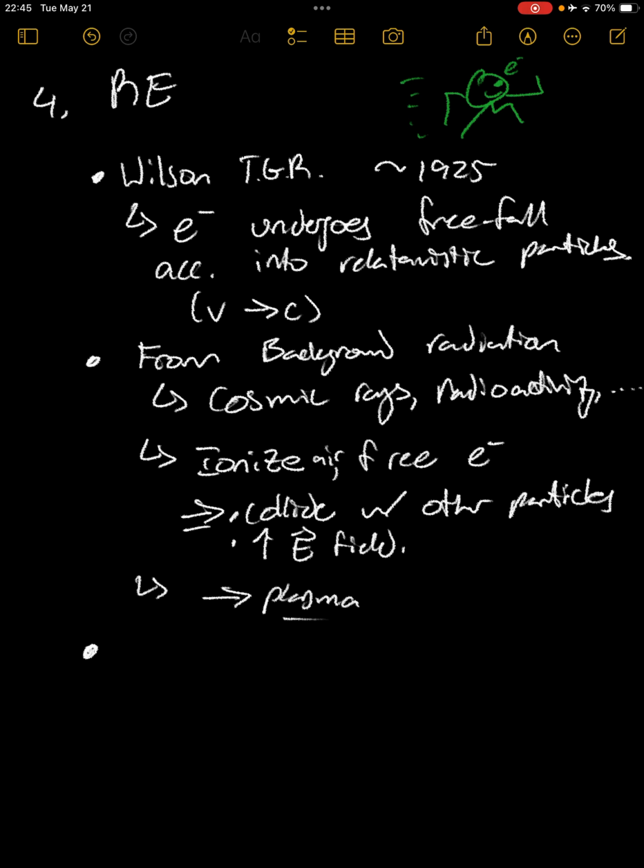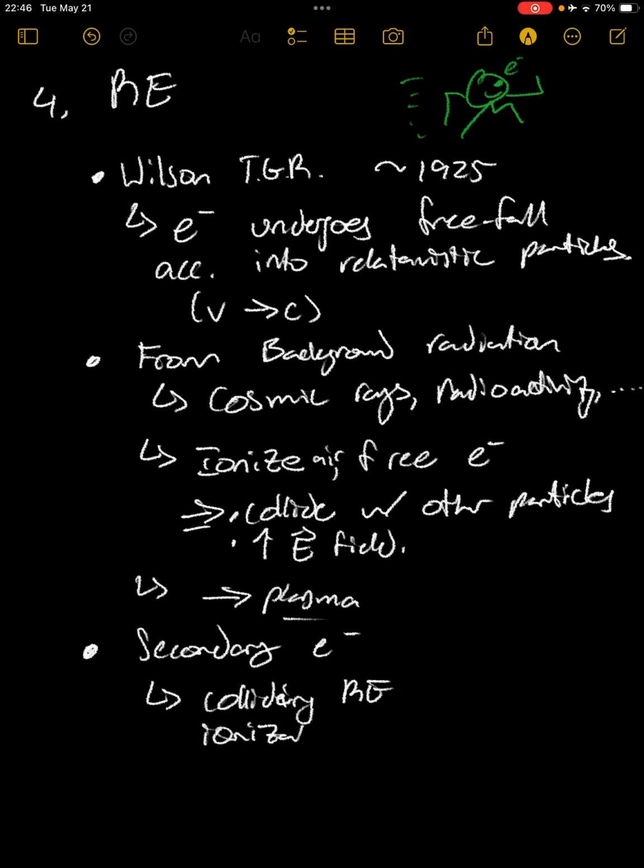But of course, when these electrons are colliding and hitting each other, they're not always creating other runaway electrons, which is why we also need to talk about secondary electrons. These can come from colliding runaway electrons or just from ionization of air.